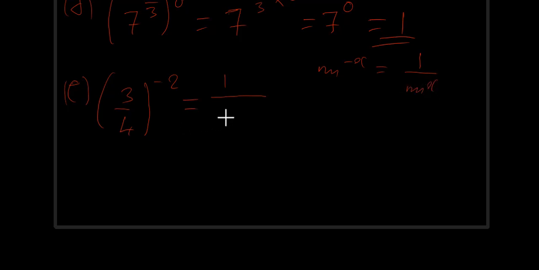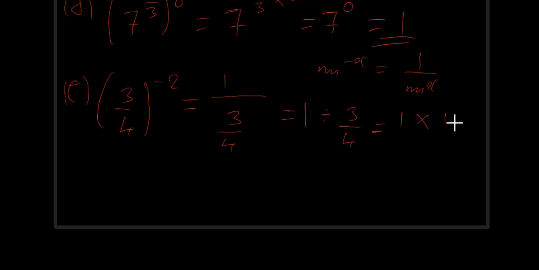So here we're going to have 3 over 4. When we divide by 3 over 4, the sign changes if we use the other sign, the multiplication sign.